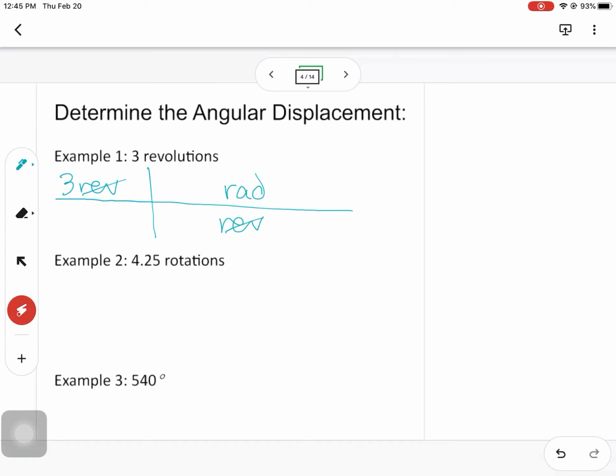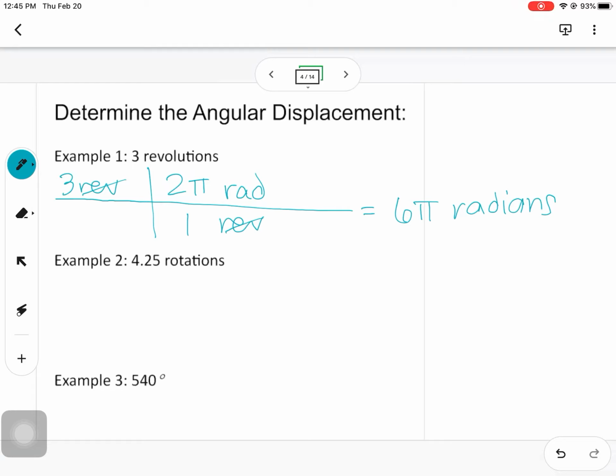So now what I have to think about is how I actually do that, because I can't just cancel it. It's not a one-to-one conversion, but I know that 1 revolution is the same as 2 pi radians. When you're doing it, anything on top will multiply. You can technically multiply straight across either way, and then you will do the top divided by the bottom. So here I really just have 6 pi radians. Again, there are other ways to do that, but this will come in handy, especially as our problems become larger.